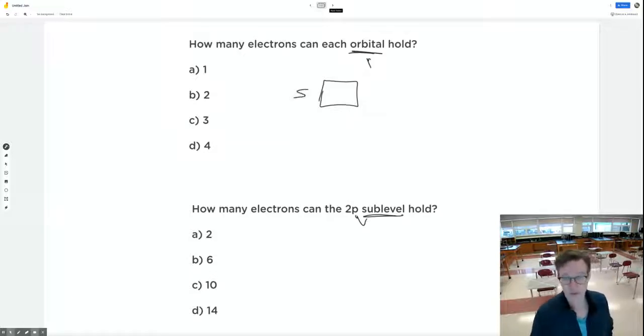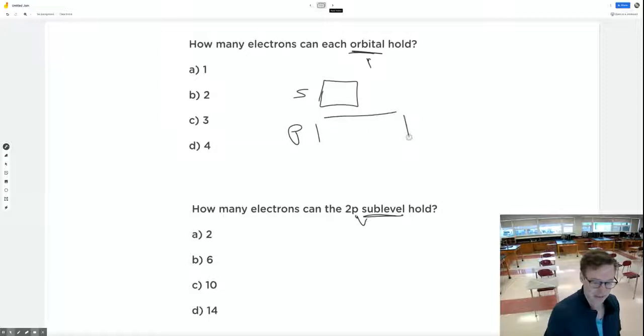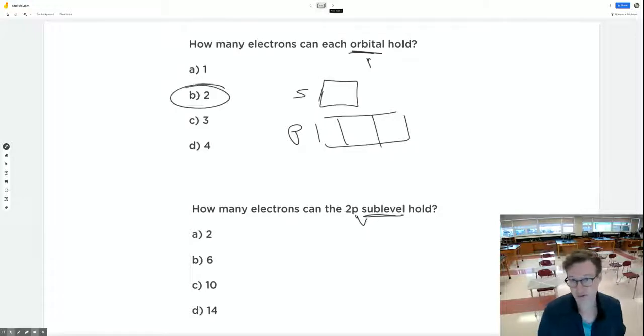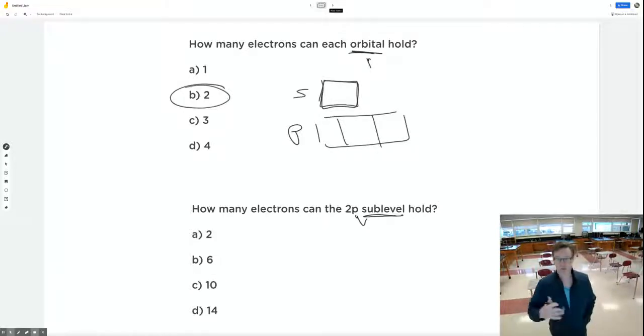The different sublevels have different numbers of orbitals. S sublevels have 1 orbital. P sublevels have 3 orbitals. Each orbital can hold 2 electrons. Sublevels can hold more than 2 because they might have more than 1 orbital. So again, it's like the orbitals are the rooms, and then the letters are the different types of apartments or rooms and suites in the hotel.